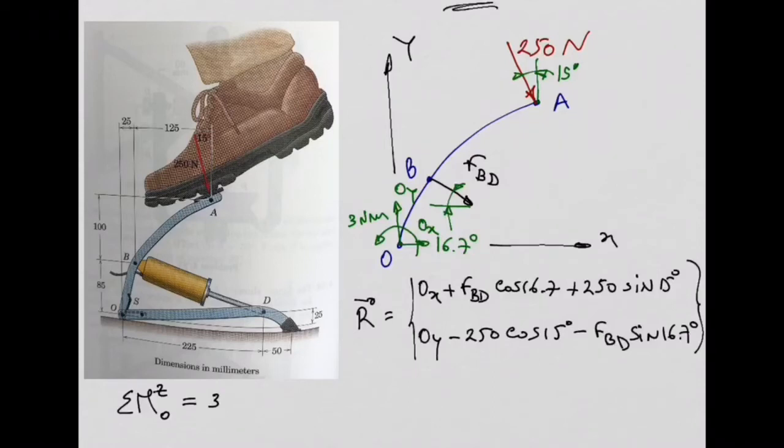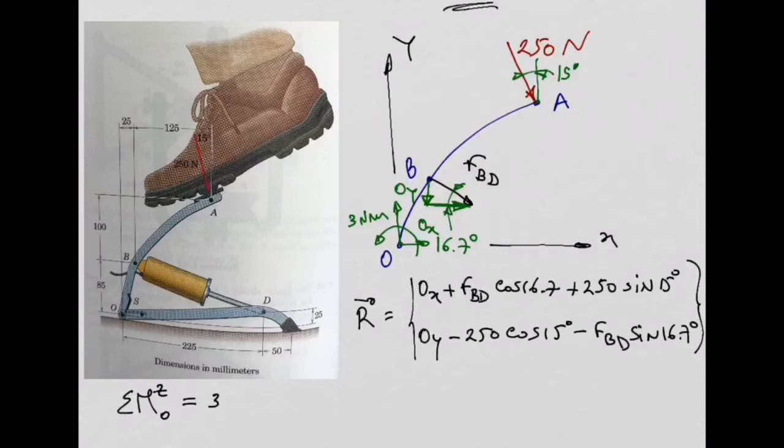Now, looking at this force FBD, the force that goes to the cylinder, what is the moment? You can do this, for example, in this way. One is to decompose. You can decompose this force FBD into a horizontal component, which is this one in green, and into a vertical component, which is this one also in green here, right?